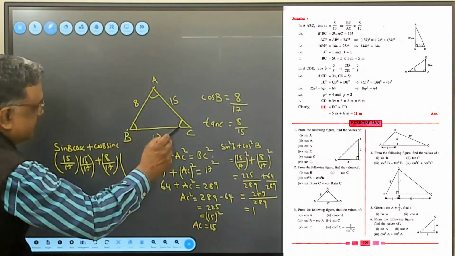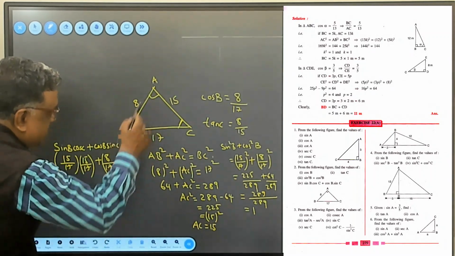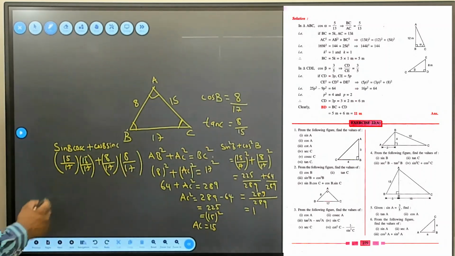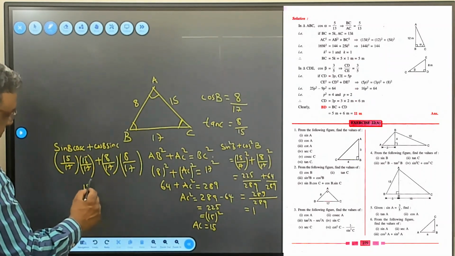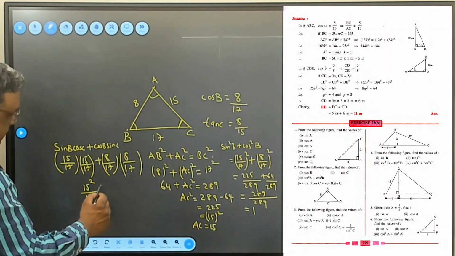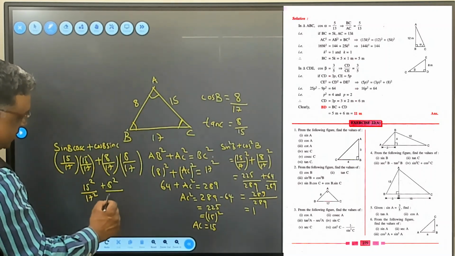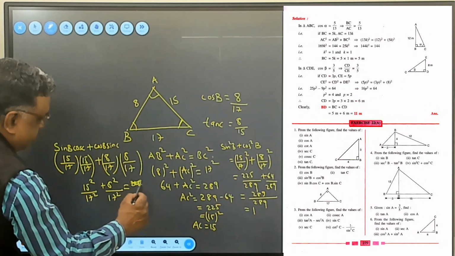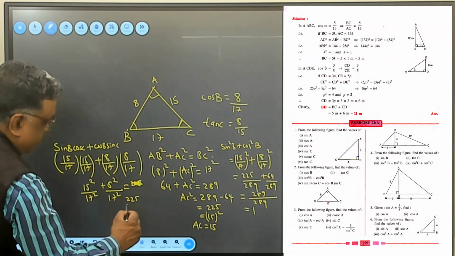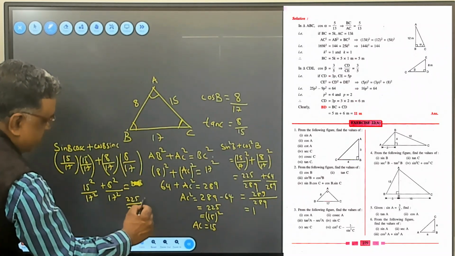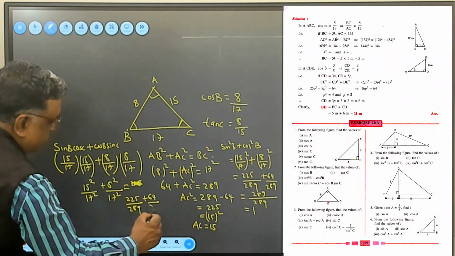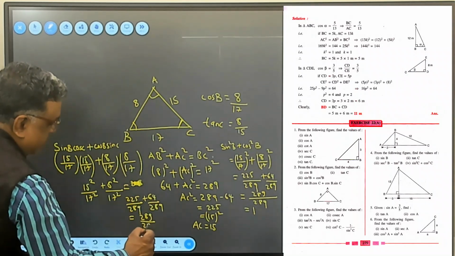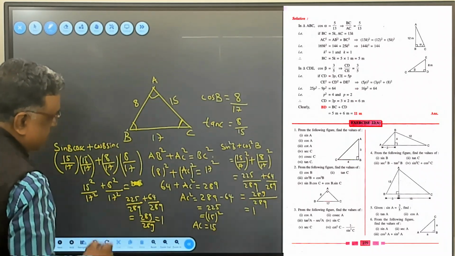And sin C is opposite upon hypotenuse, which is again 8 upon 17. So this will become 15 square upon 17 square plus 8 square upon 17 square, which is 225 upon 289 plus 64 upon 289, which is 289 upon 289, which is 1.